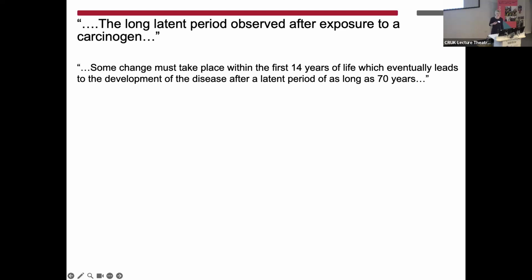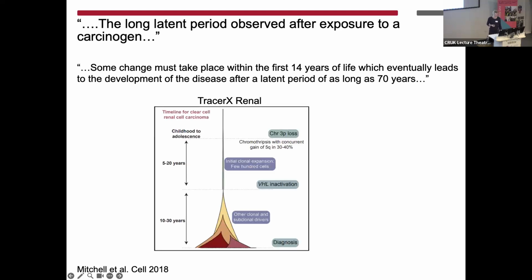And I think if I'd been told that 10 or 15 years ago, I might have, if I'm honest, been quite skeptical. But the modern genomic approach to cancer has really shown in some cancers how accurate they were. And this is one figure from the recent TracerX renal study led by the Swanton Lab and Samra Turajlic.